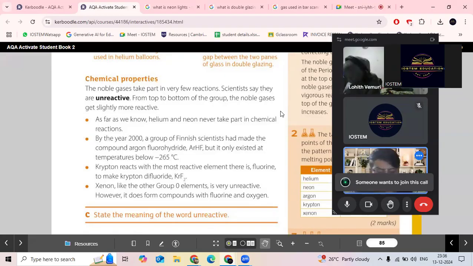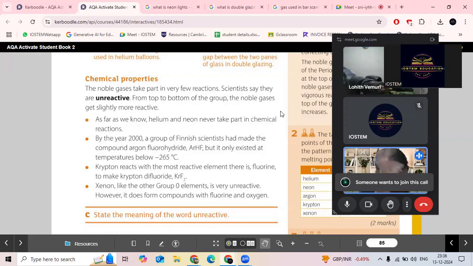So as I said, if we come from top to bottom, they are slightly more reactive.